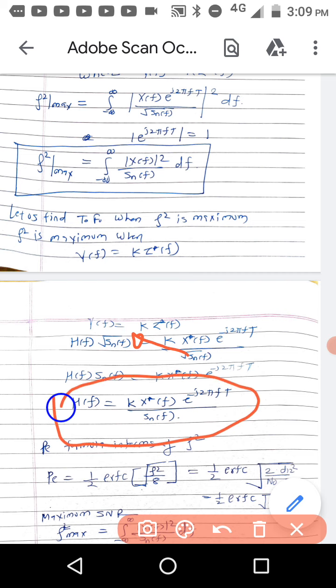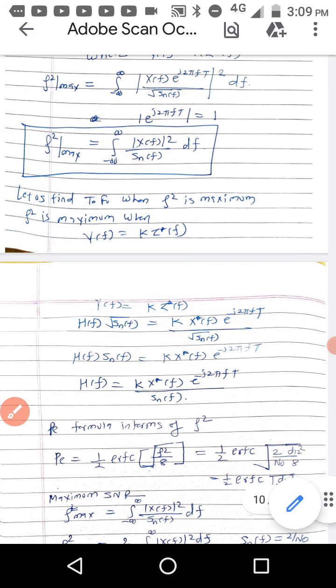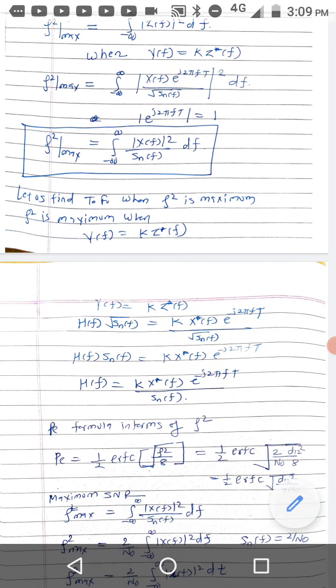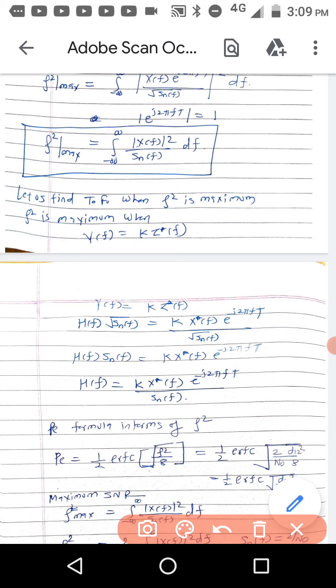This is the formula for the transfer function of the optimum filter. K is a constant. X star f is the input Fourier transform conjugate, e raised to minus j2πfT. Here T is your pulse duration, the binary 1 or 0 pulse duration.